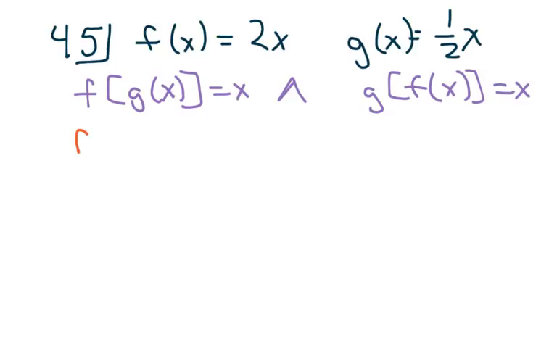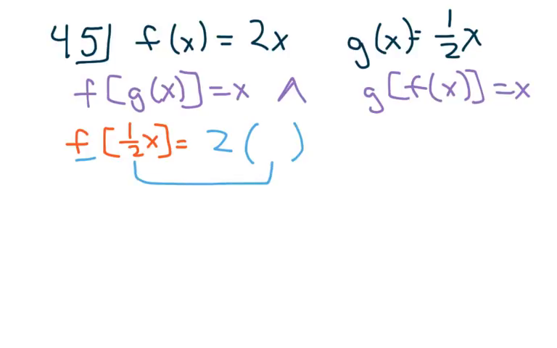I'm going to do f composed with g of x, which is what? 1/2 x. So I write down f, which is 2. I put parentheses, and I'm going to dump in that 1/2 x. And when you multiply that through, you get x. So that's a check. And now we're going to do g composed with f of x.